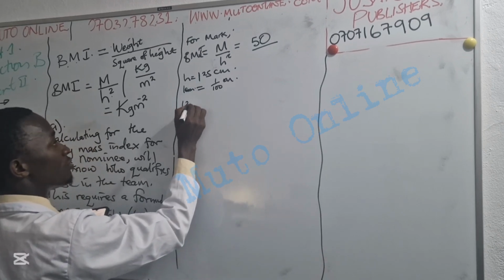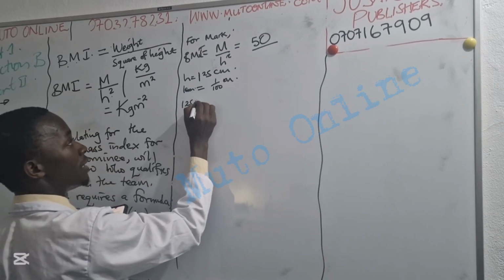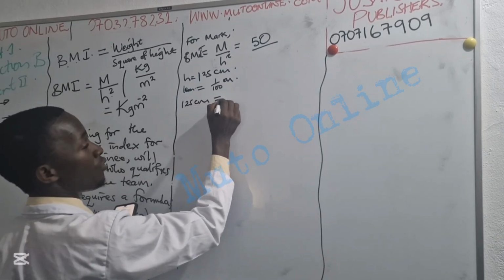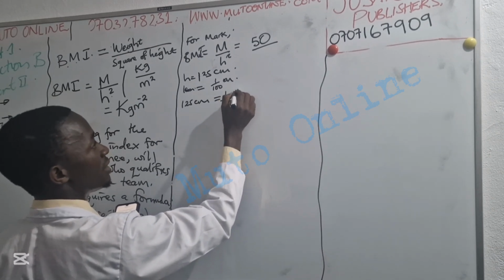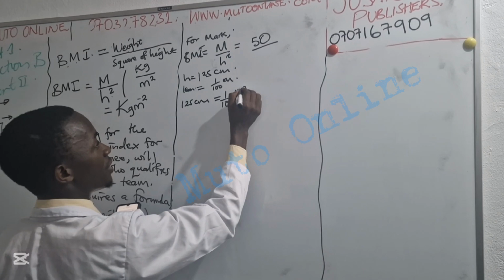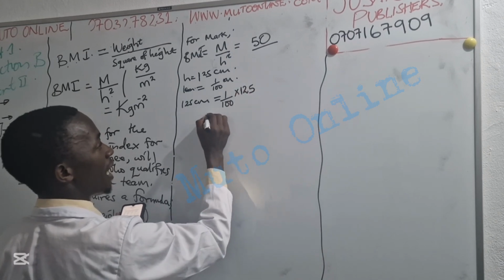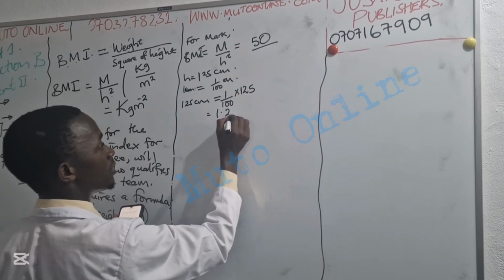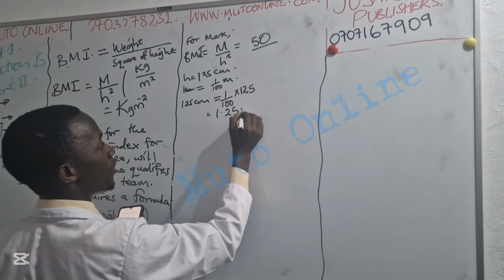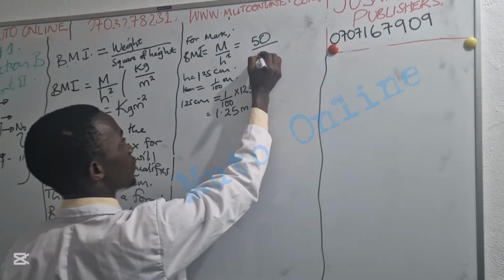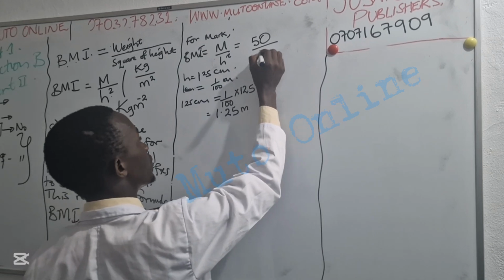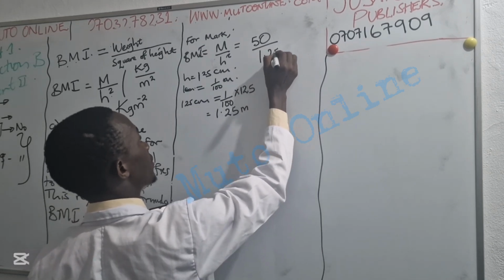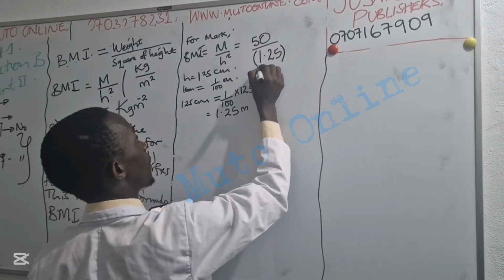So 125 centimeters will be 125 over 100, having a height of 1.25 meters. So the height of Mark is 1.25, but squared.